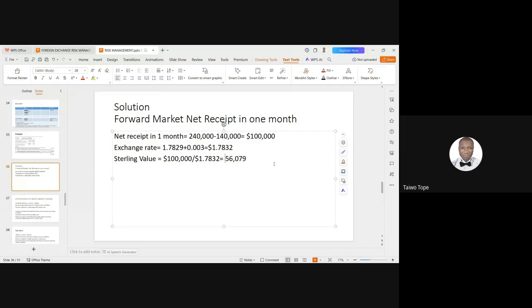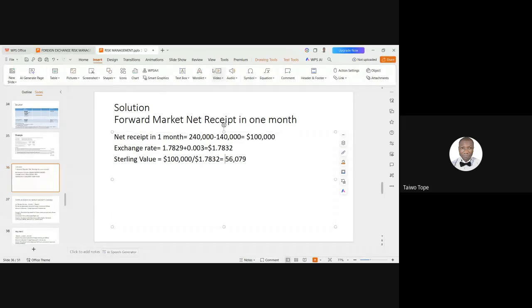So this will be the pound sterling value in 1 month.